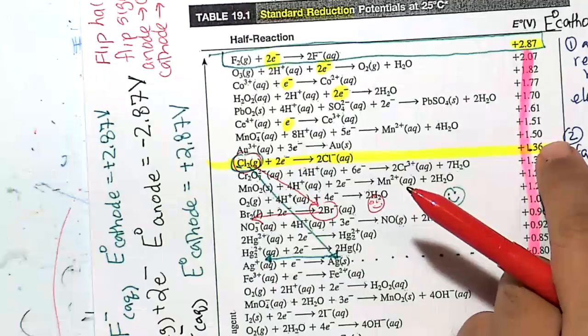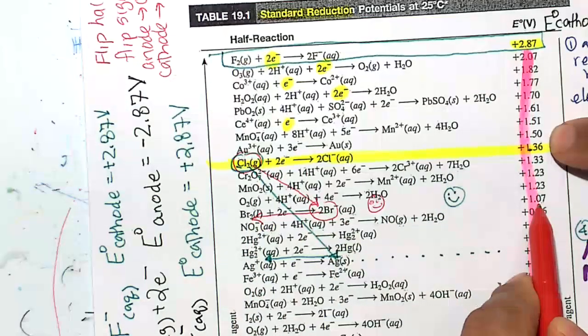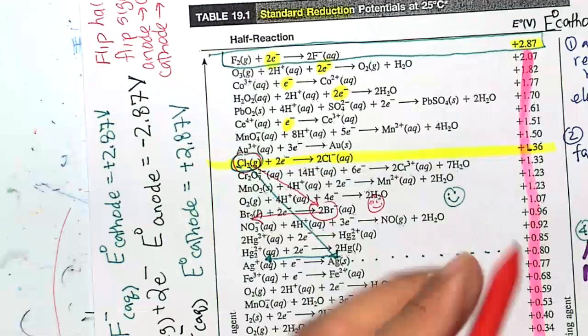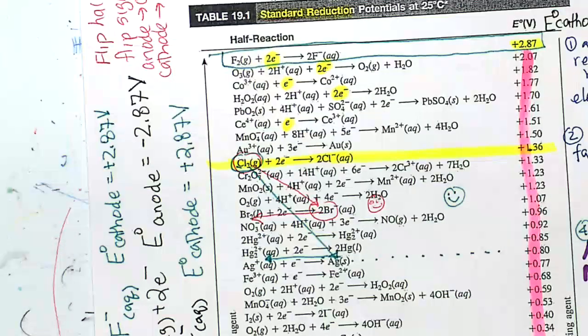You'll get a positive voltage. What's 1.36 minus 1.07? Is it positive or negative? It's positive. It's a positive voltage. So you pick one, anything beneath it can get what? Oxidized. That is one way to get a positive voltage.